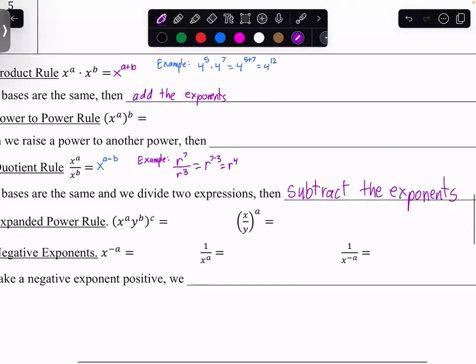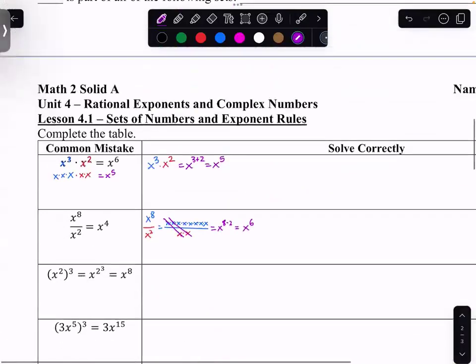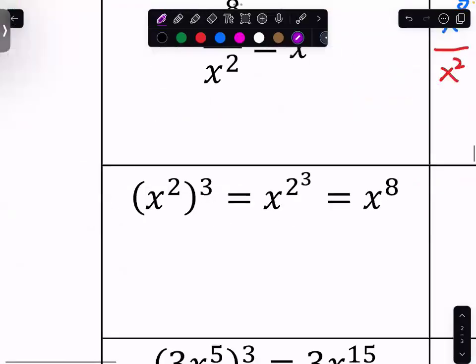Okay, going back up, third row. Here we have x to the power of 2 already, and then that whole thing is now to the power of 3. So we have an exponent to another exponent.